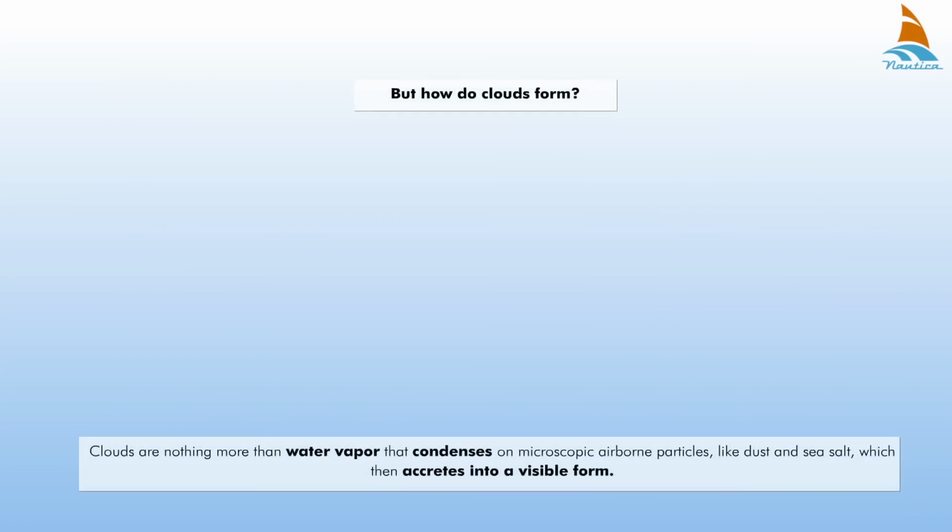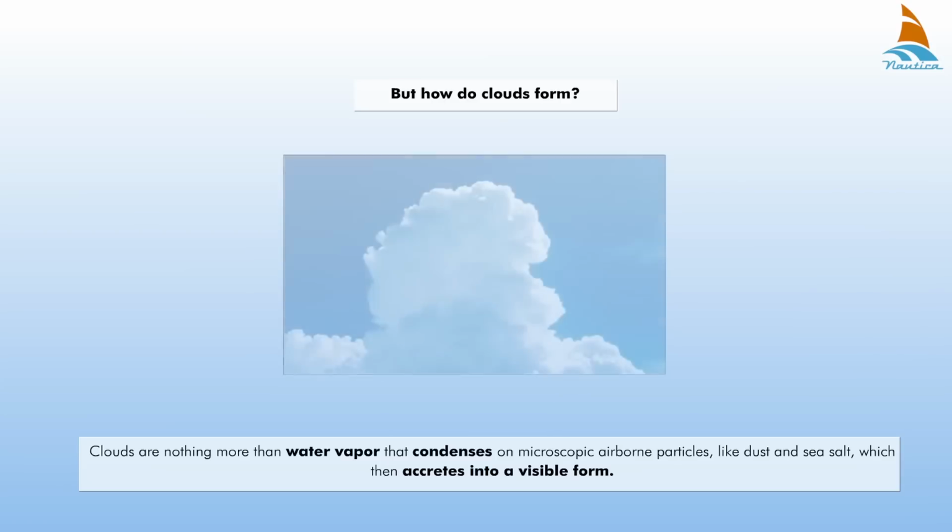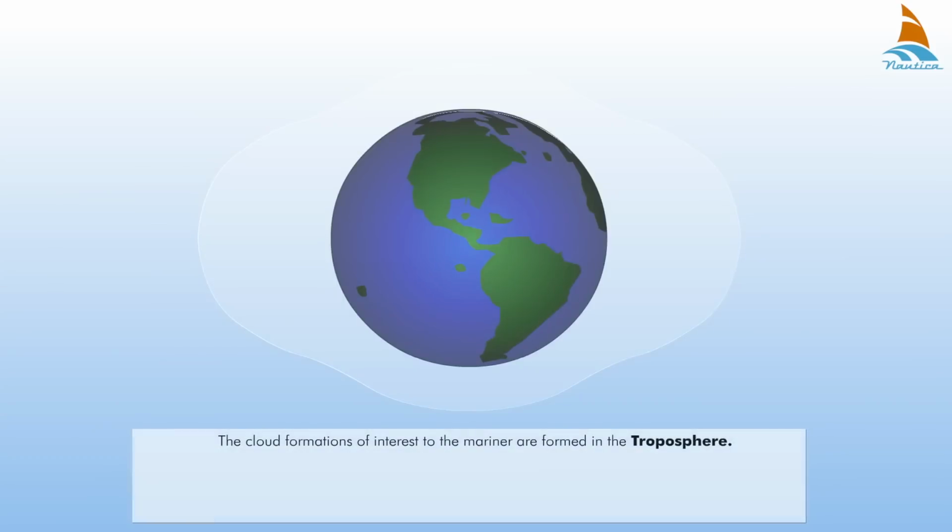But how do clouds form? Clouds are nothing more than water vapor that condenses on microscopic airborne particles, like dust and sea salt, which then accrete into a visible form. The cloud formations of interest to the mariner are formed in the troposphere.